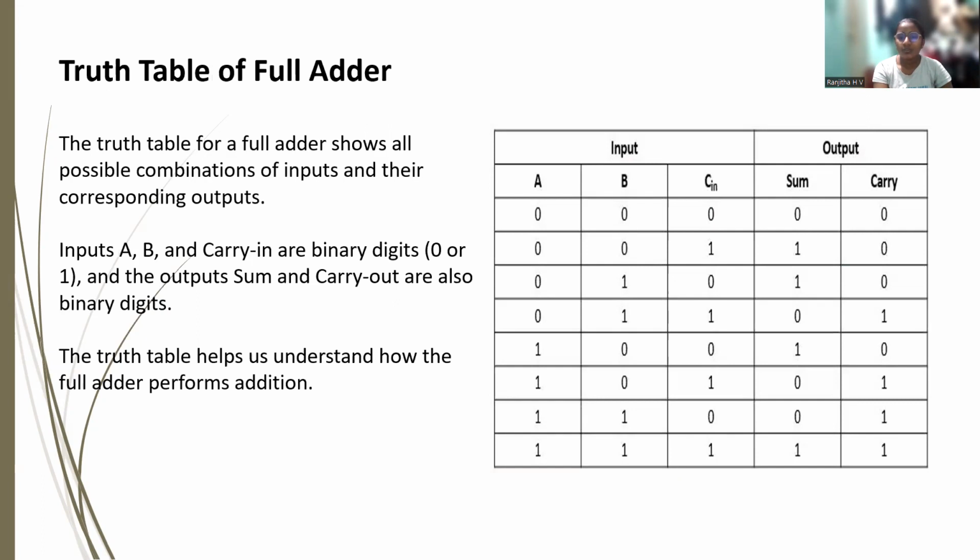A equal to 1 and B and C equal to 0, the sum is 1 and carry is 0. Then we give again A equal to 1 and C equal to 1. The sum is 0 and carry is 1. And A equal to B equal to C equal to 1, then we get a sum of 1 and carry is also 1.